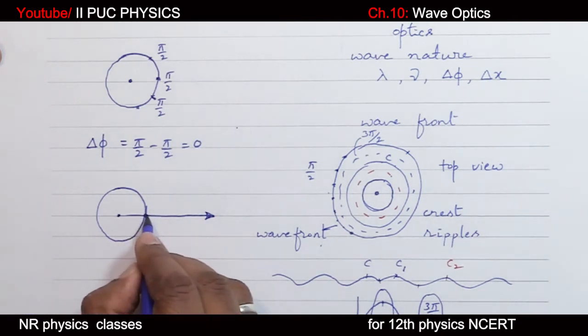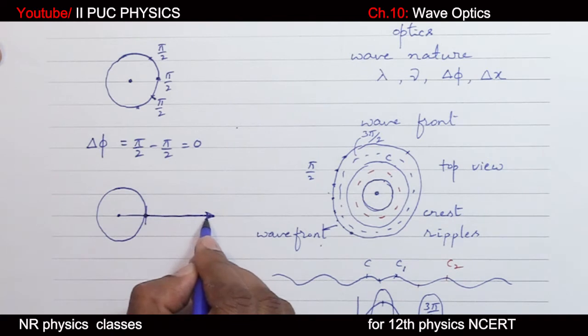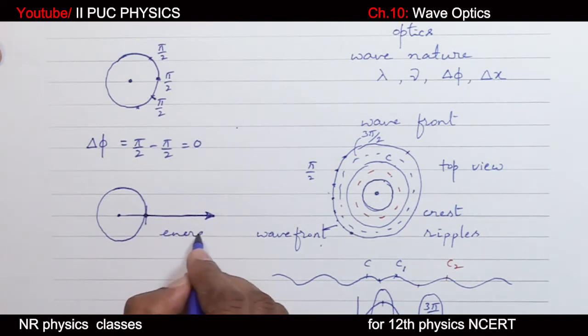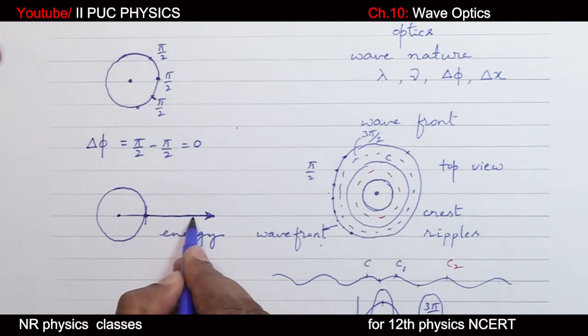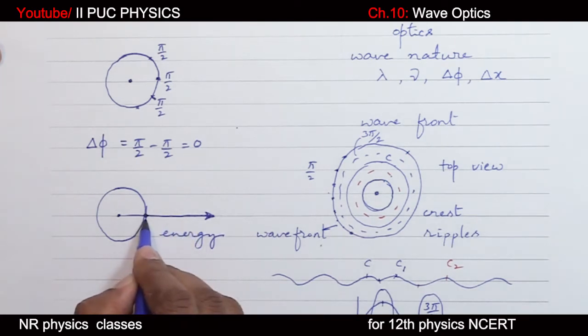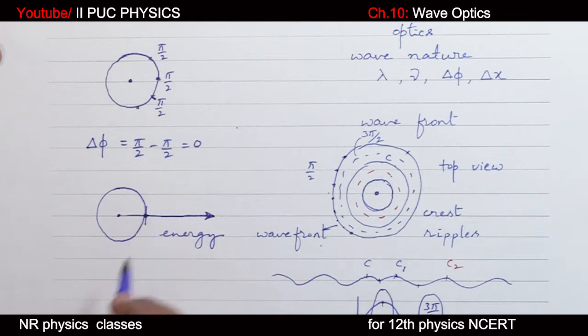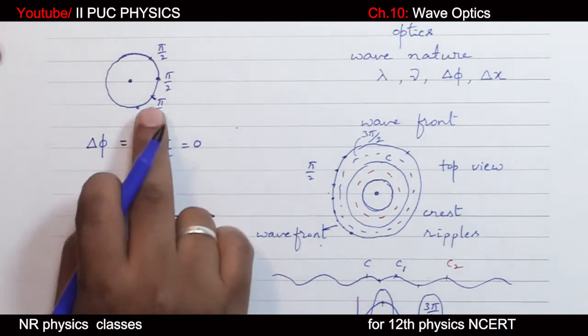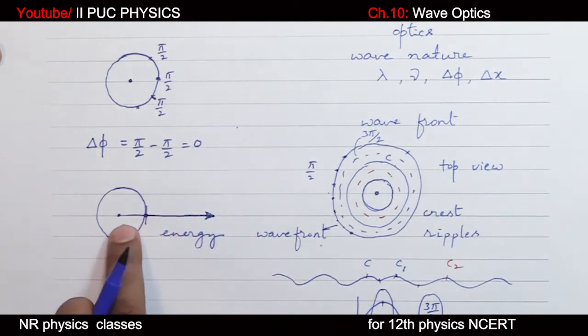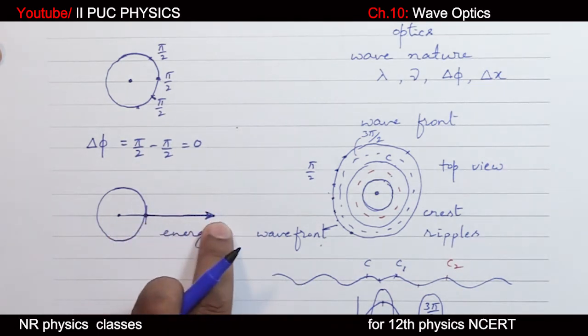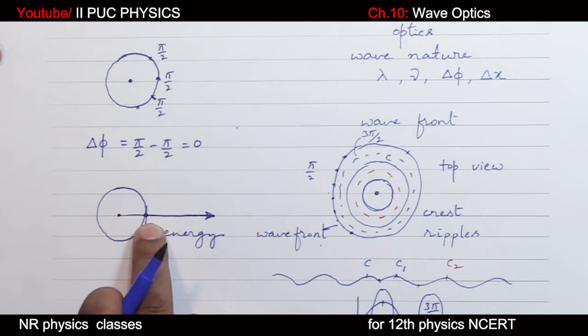This is the direction of propagation of energy. So propagation of energy in a wave is always perpendicular to the wavefront. What is the first point? Phase difference between any two points is 0. Second, the direction of propagation of energy is always perpendicular to the wavefront.